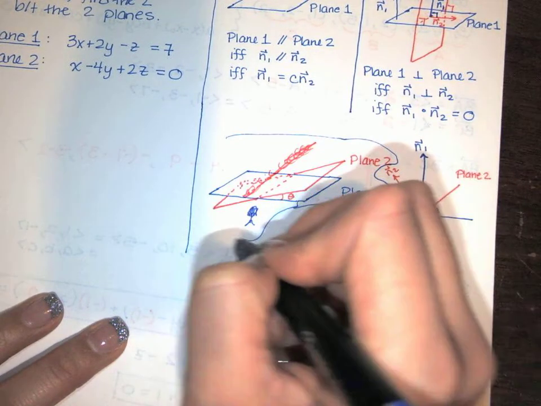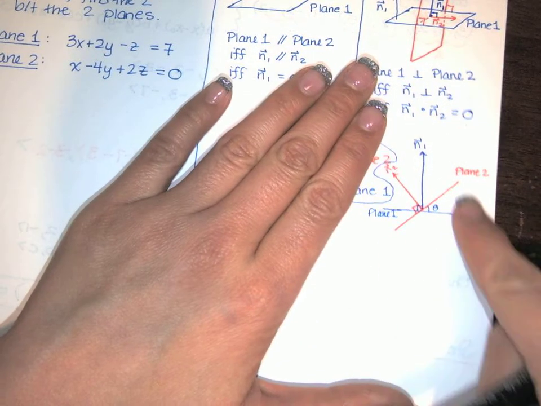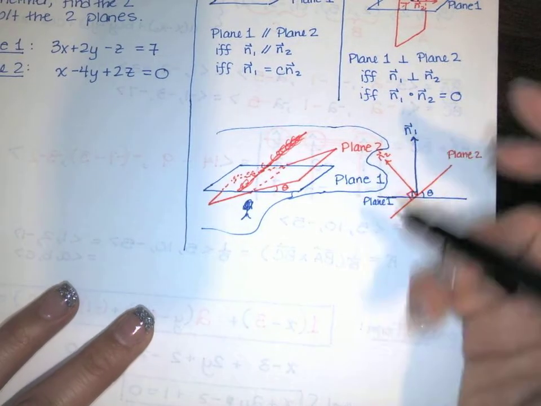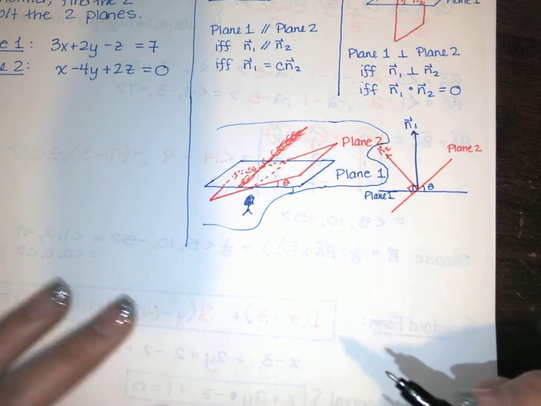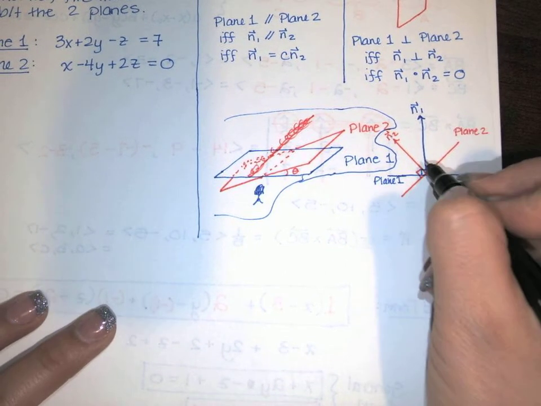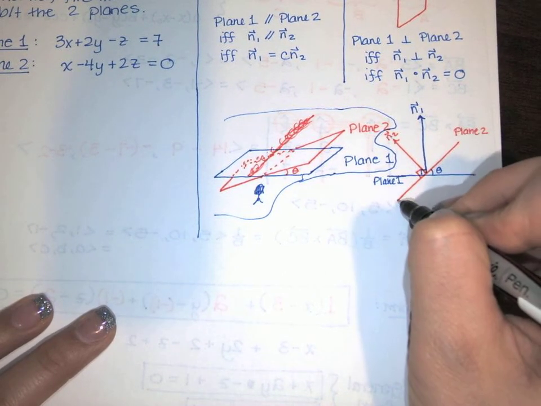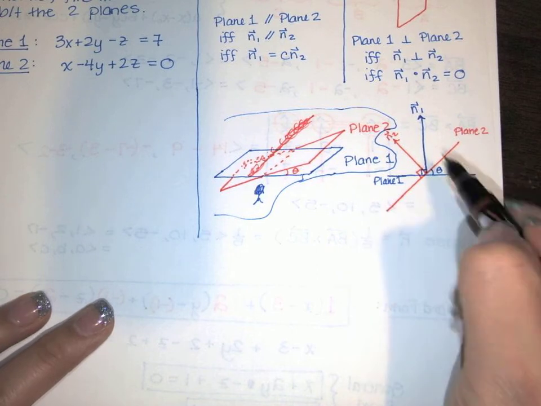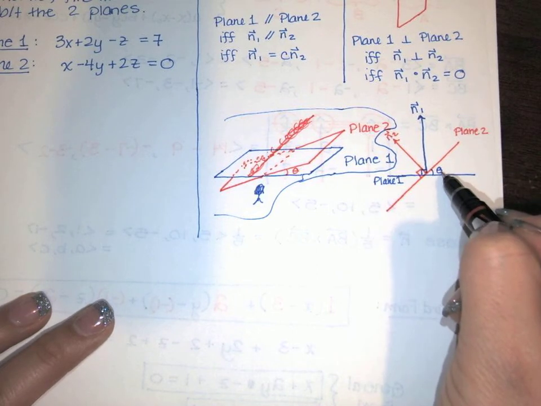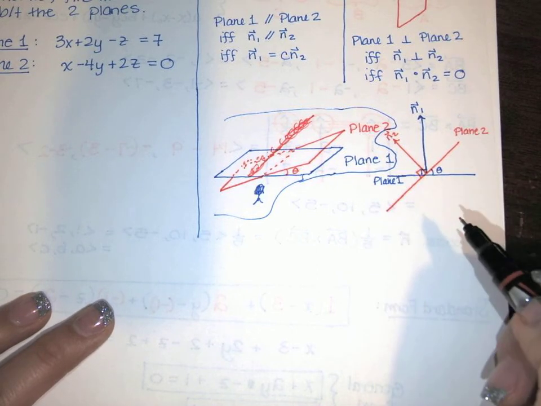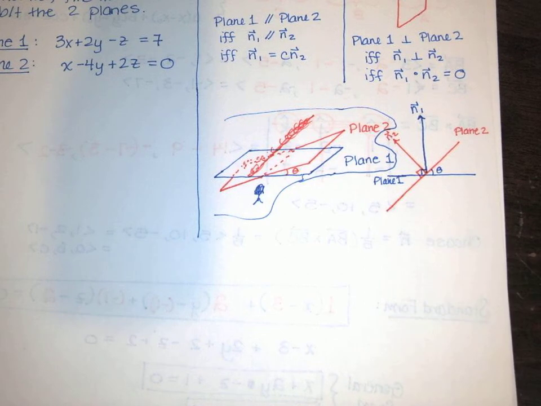That all goes over here. Now we're just focused on this picture right here. And the question becomes, what is the relationship between those two normal vectors? I claim that the angle between the two planes is the same as the angle between the normal vectors. And I think it's pretty easy to see.